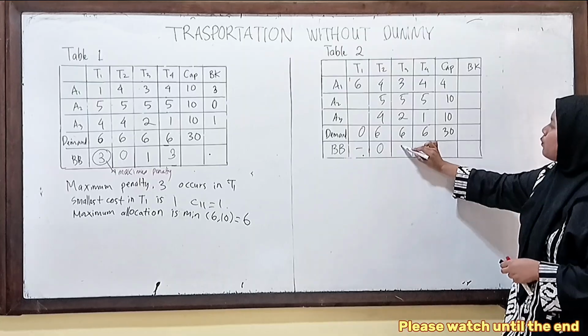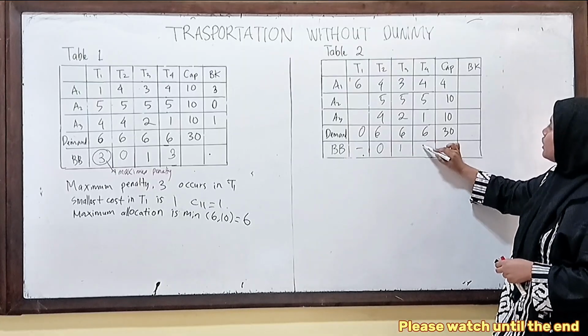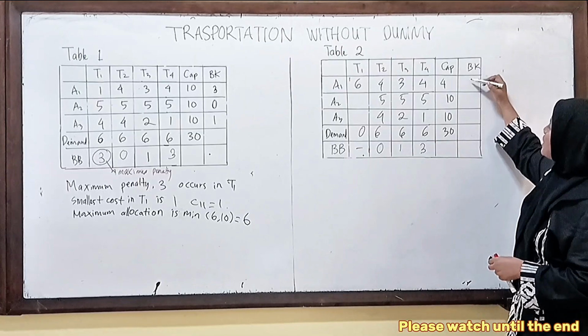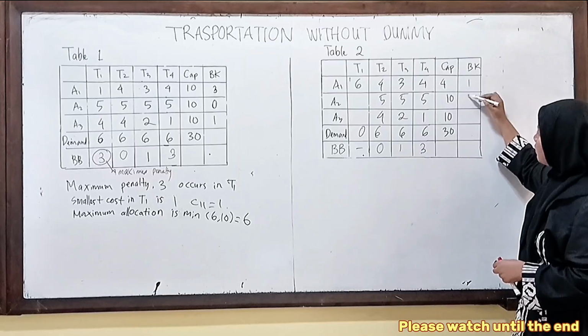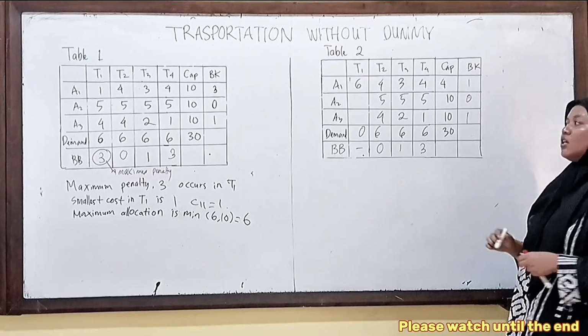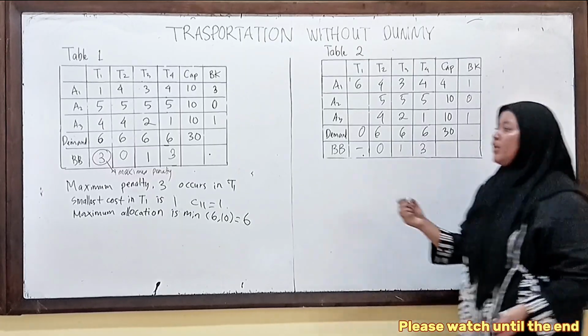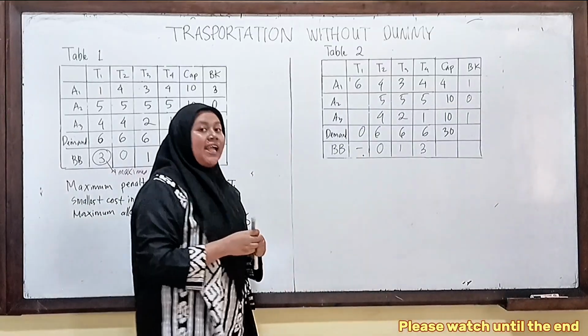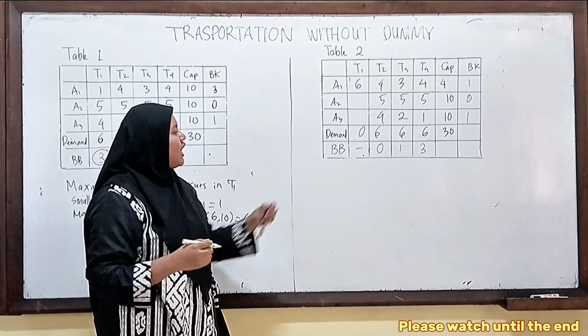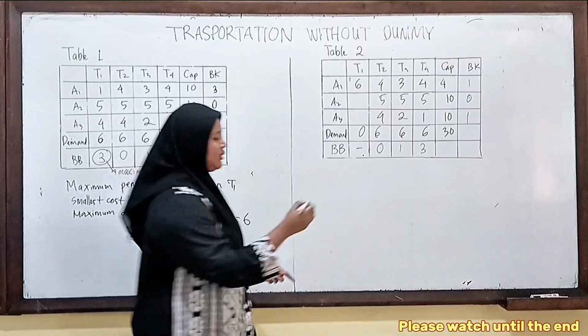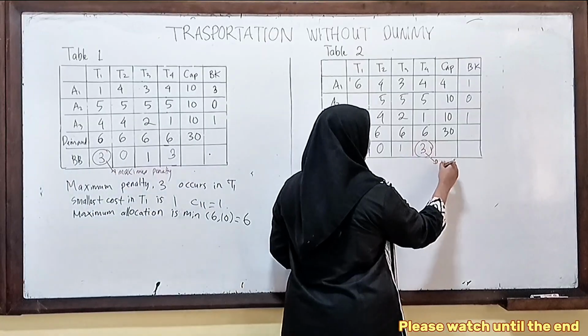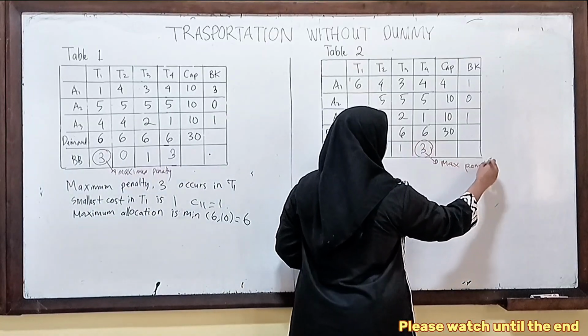Here the difference is 1, this is 3, this is 1, then 0, and 1. Like before, we find the maximum penalty. The largest penalty is 3.